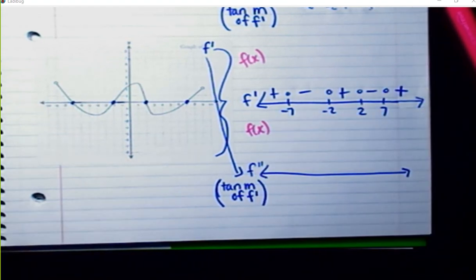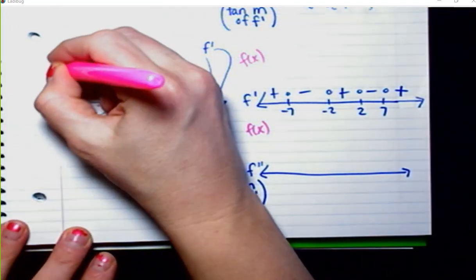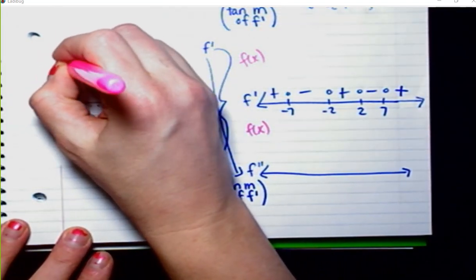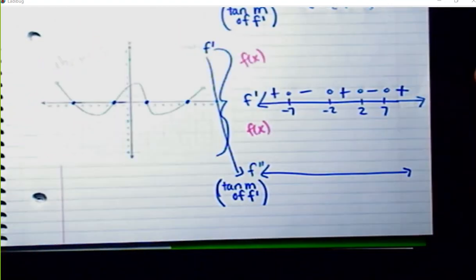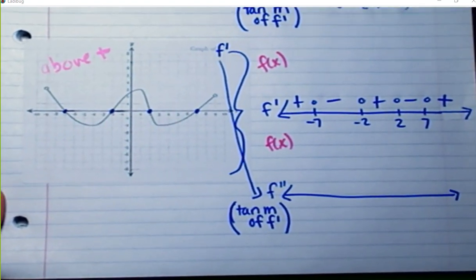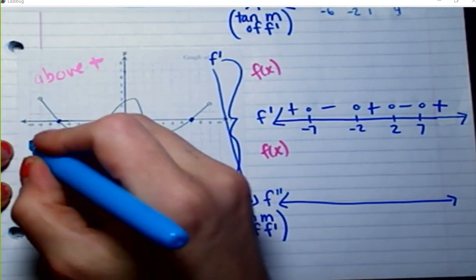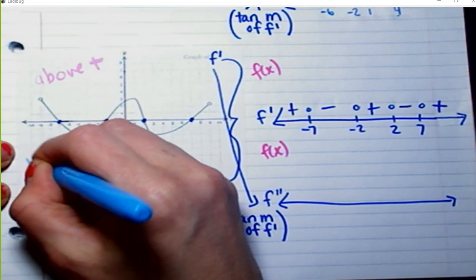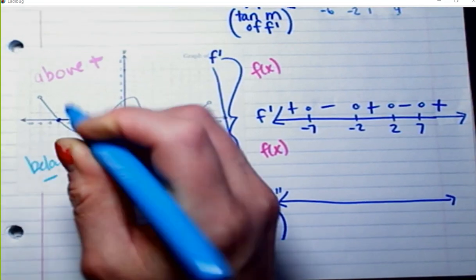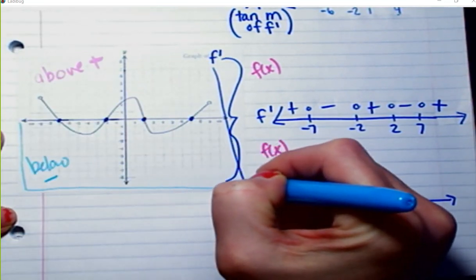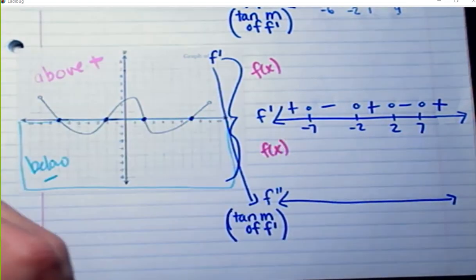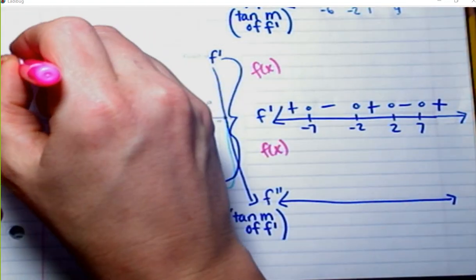So if you've got the graph, you literally just read it off the graph, where above is positive. Hard to read today. There you go, that's a little better. And below is negative.